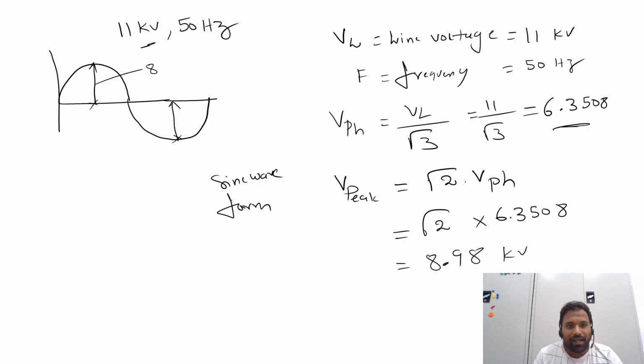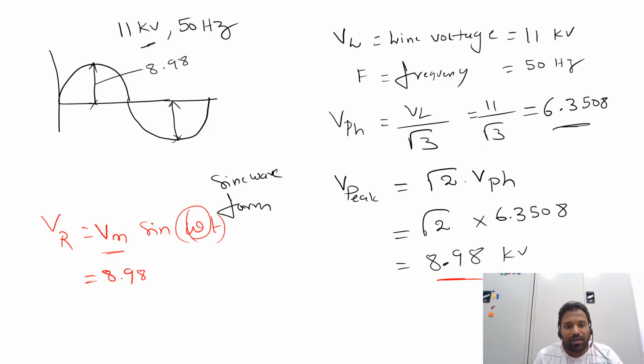What is the peak here? 8.98. So now, what is the fundamental sine waveform? For example, V equals Vm sine omega t, where Vm is the maximum V, that is V peak, equal to 8.98 kV.